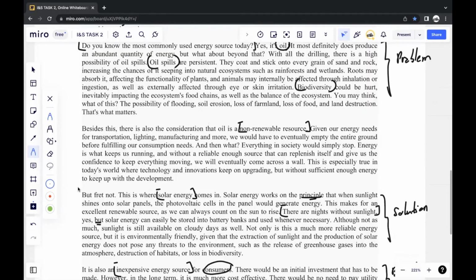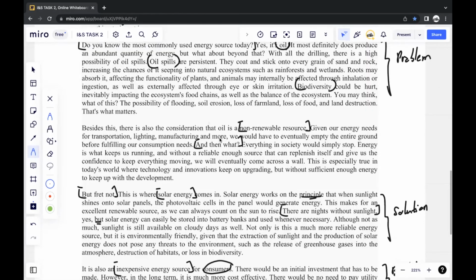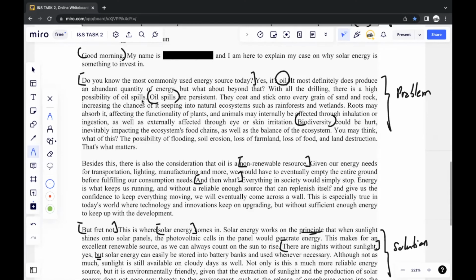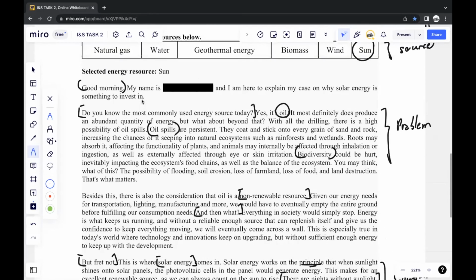And stuff like, but fret not, and then what? With all said and done, and just simple stuff like thank you and good morning. It's all just acknowledging the fact that you're talking to an audience, you're trying to engage an audience, and that's very important for the communicating criteria that this question holds.